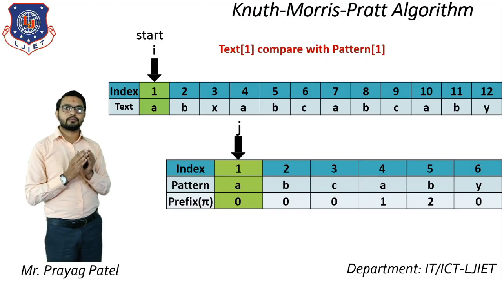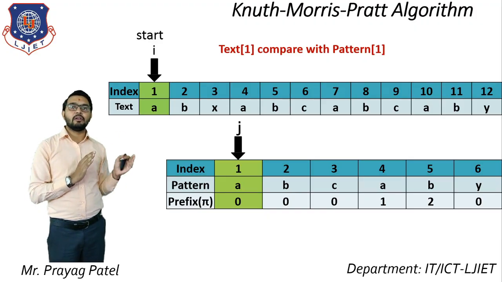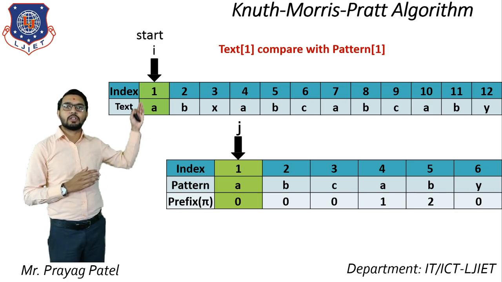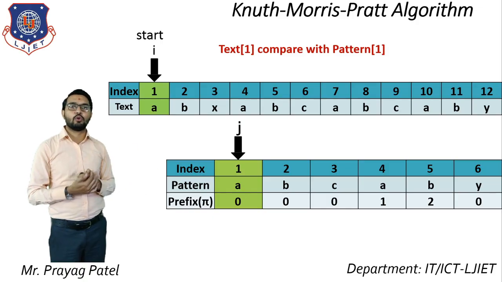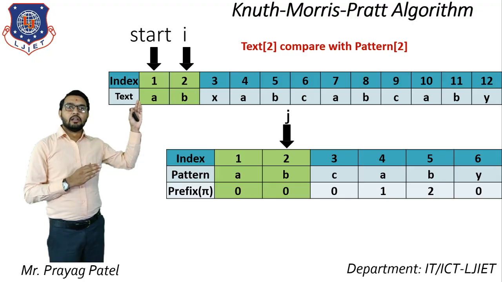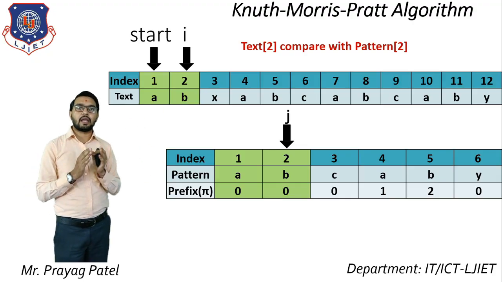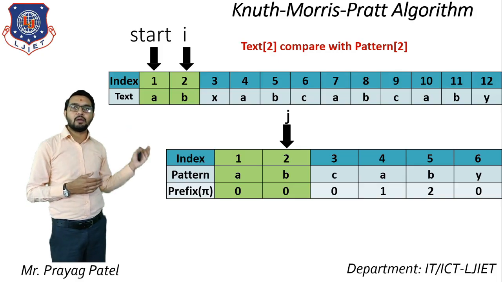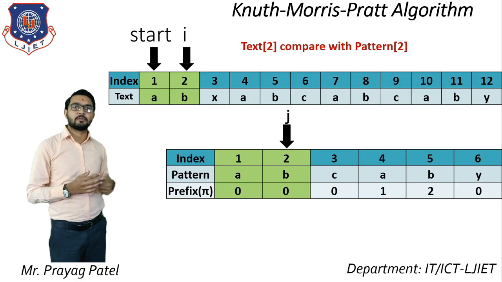Initially you compare the text with the pattern, text 1 with pattern 1. So A compares with A, both are the same, then compare the next location. Text 2 compares with pattern 2. Here B and B are the same, so matching is possible.